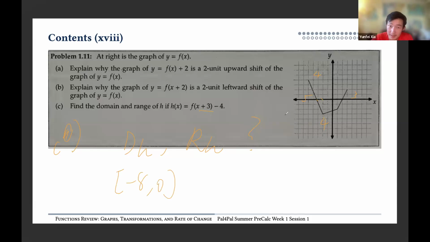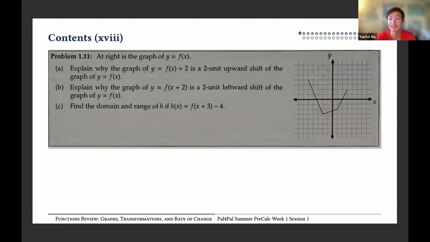And the range should be, yeah, move it down, so what? Oh wait, this is 3, never mind. So -7, 0. Make sure you write it such that the left number is smaller. It's just a notational issue.